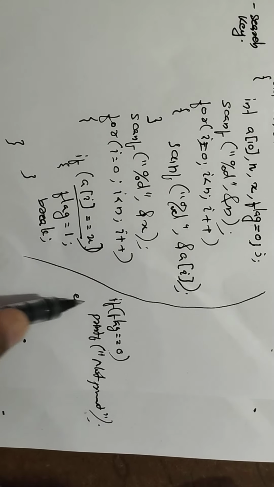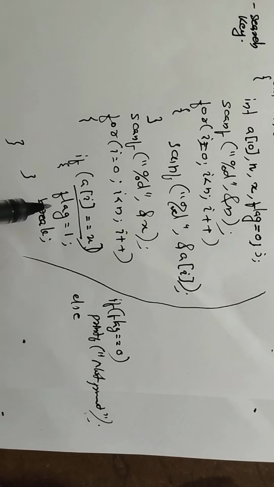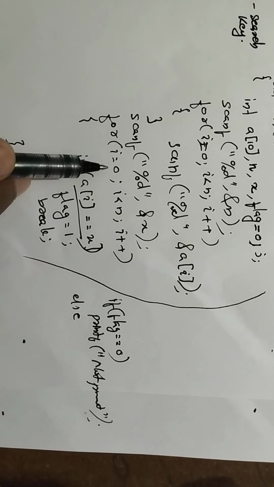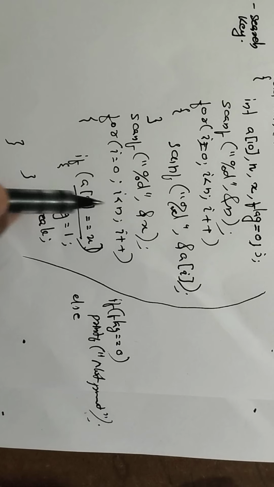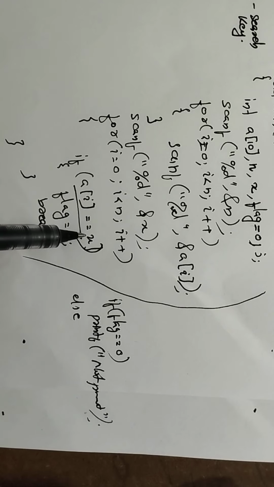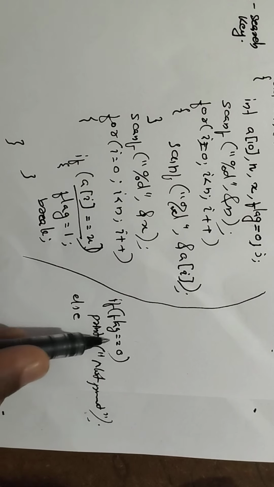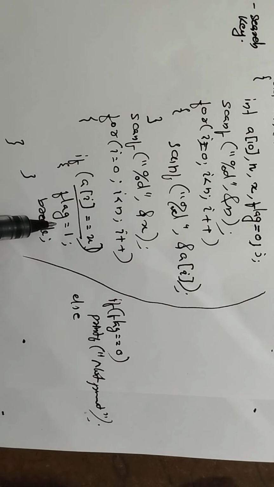If it is not 0, that means at some point, for some value of i, it was able to find x present in the array. For any value between 0 and n minus 1, if x is present at some location, only then will the flag become 1.